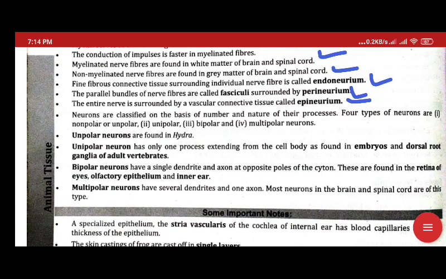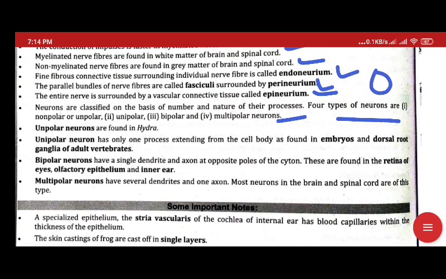Now there are four types of neurons on the basis of poles: non-polar, unipolar, bipolar and multipolar. The pole means how many processes arise from the neuron. If there is only one process, that is unipolar.